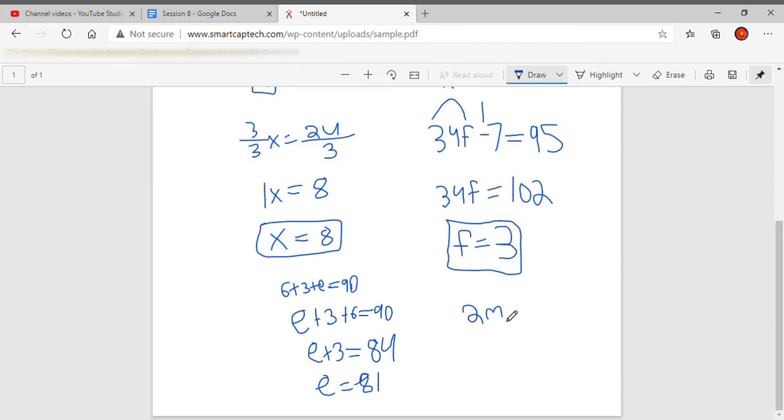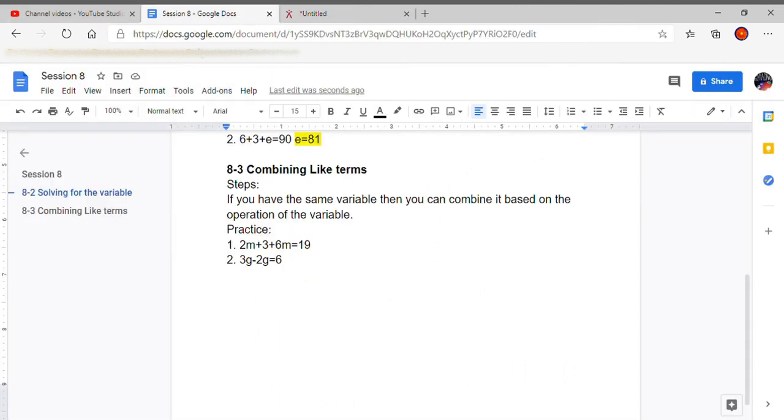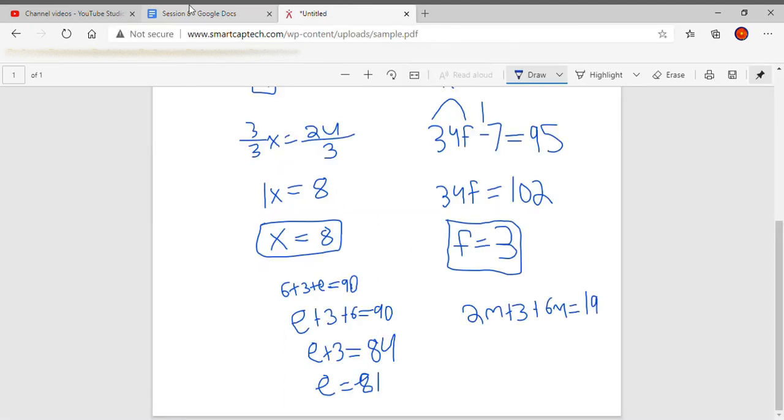2m plus 3 plus 6m equals 19. As I stated, you're going to have to alter the way it's grouped so that these variable terms, they're called terms, can be next to each other.